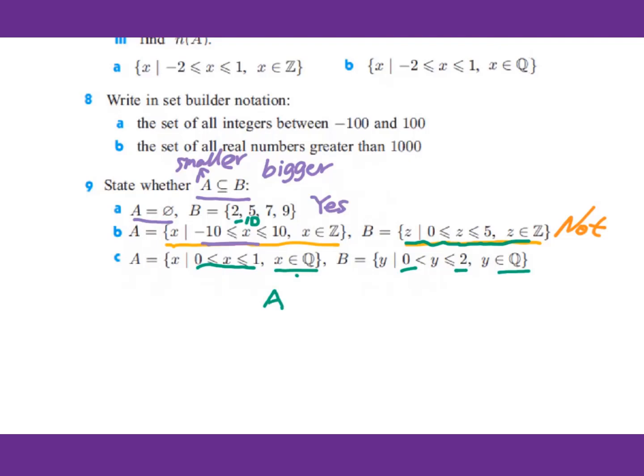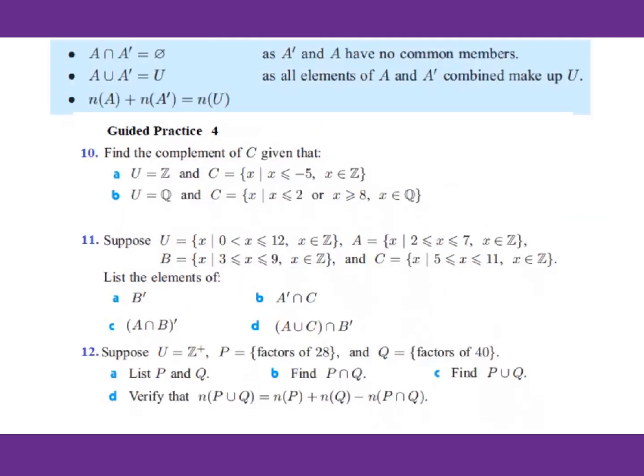For this, A is not a subset of B, because not every single element in A is a part of set B. For example, this 0 is an element of set A, but this 0 is not an element of set B. Therefore, A is not a subset of B.